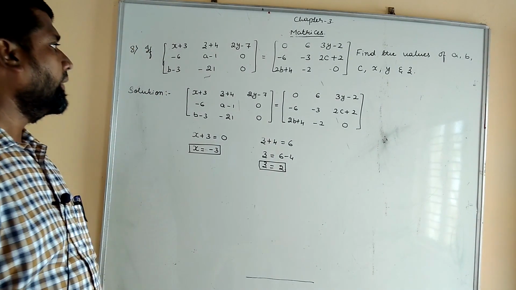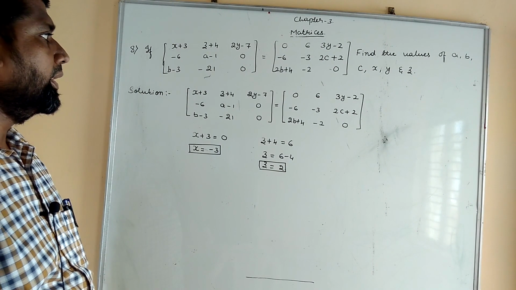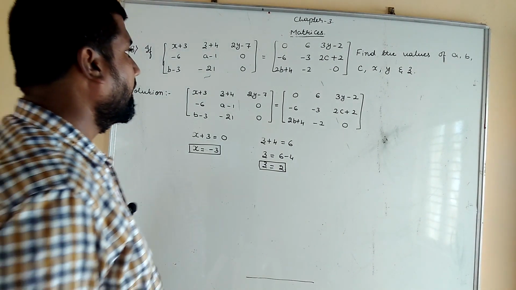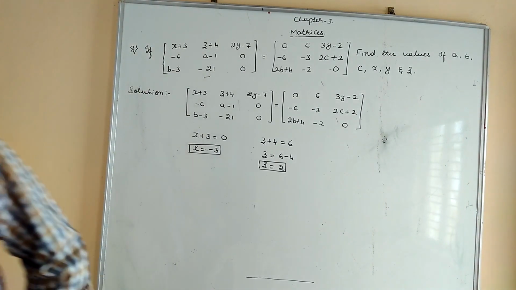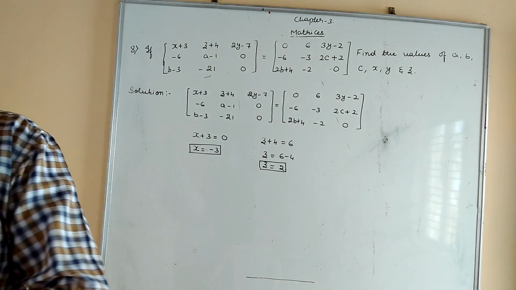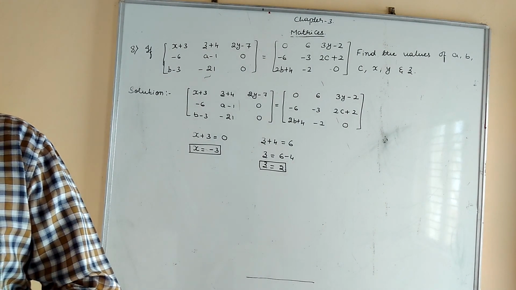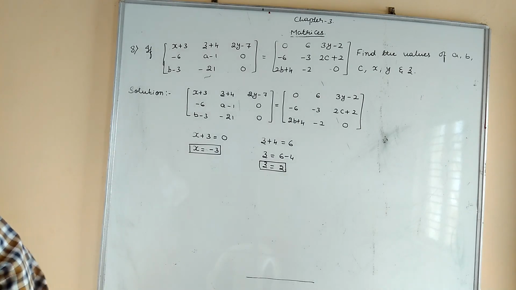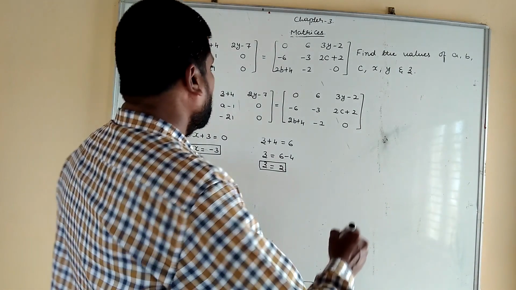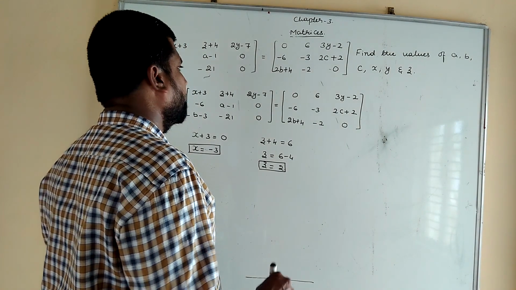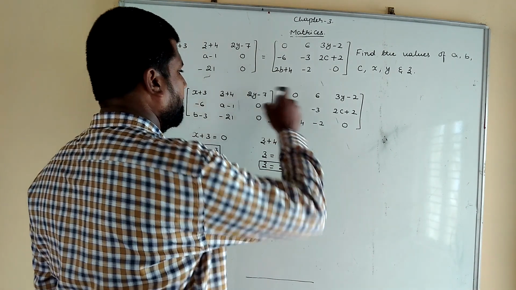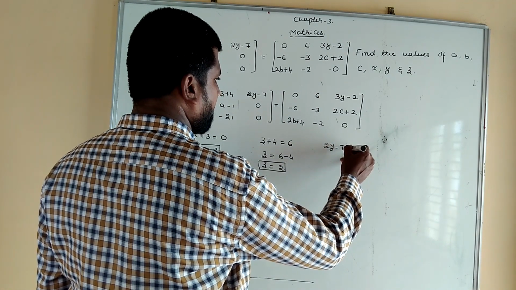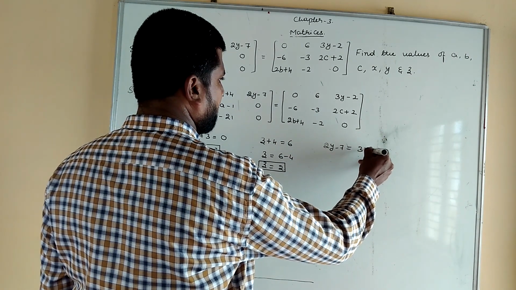So next you have to find the y value. So y is different from x and z. To find the value of y by equating the A13 corresponding elements, 2y minus 7 corresponds to 3y minus 2.